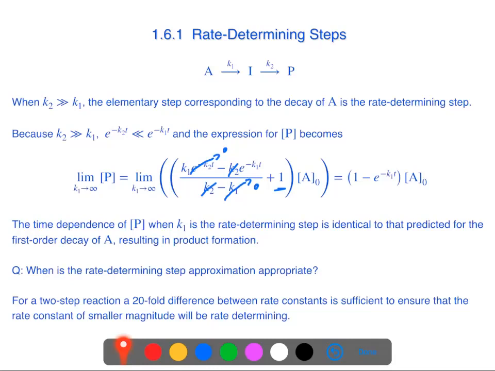So if we have that 20-fold difference between k1 and k2, that's sufficient to ensure that we can invoke this particular limit or condition and allow us to calculate with fairly good accuracy what the concentration of the product is, being that we know what the rate determining step is in that two-step sequence.